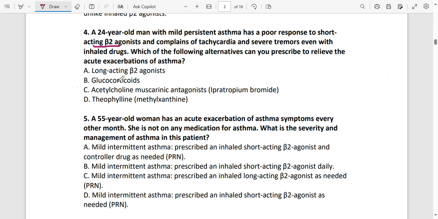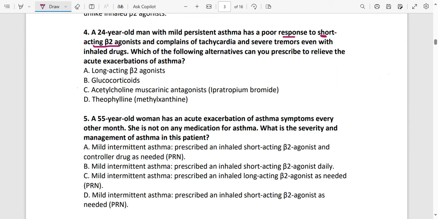And one of the biggest reasons as to why we are going with acetylcholine muscarinic antagonist is that here there is poor response to the beta guys, and this one is short acting. Remember, the short acting is what comes to help the patient. Like in every situation, you first give the short acting guys before you can go to any other drug because they are going to help with the symptoms. But then the short acting beta 2 agonists are failing.